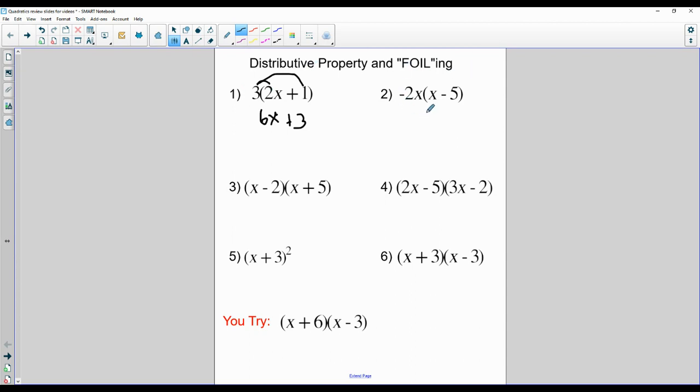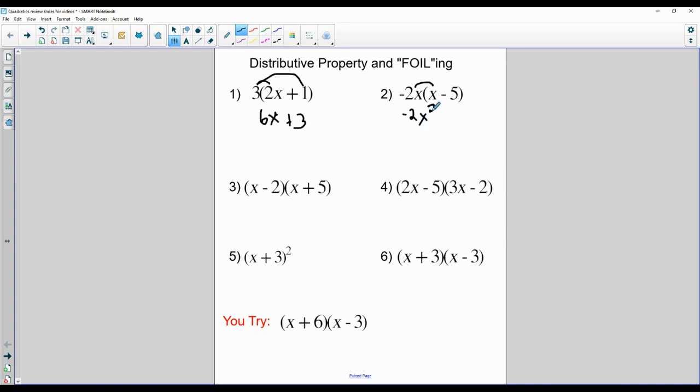All right, so now we have negative 2x times x minus 5. So now the negative 2x is going to be multiplied to the x. And when you multiply two variables together, they're the same variable, you need to add the exponents. So that's going to be negative 2x squared.